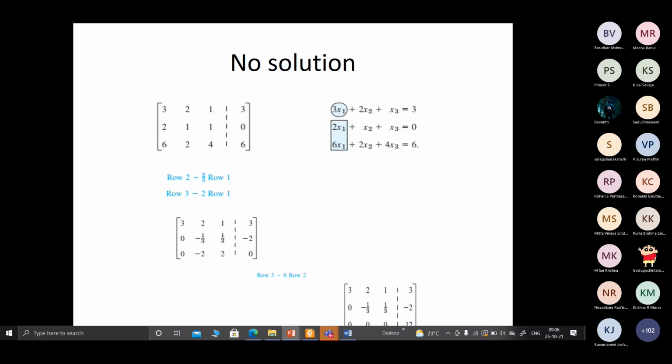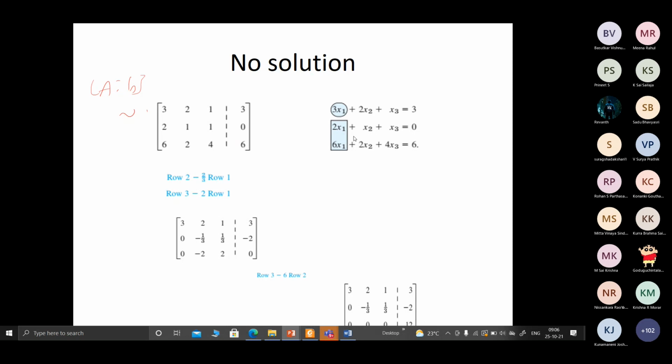That's also fine. So this is the problem, directly in augmented matrix form. So this is nothing but the augmented matrix, this one, AB. Now, this is the corresponding system of equations.